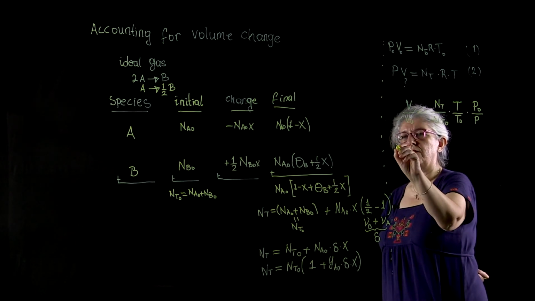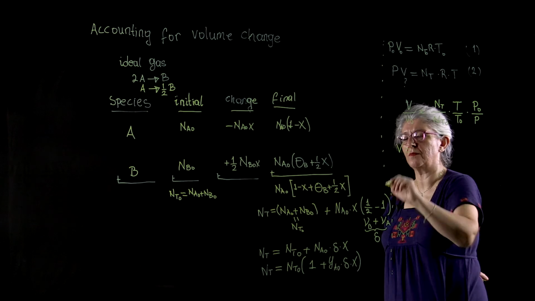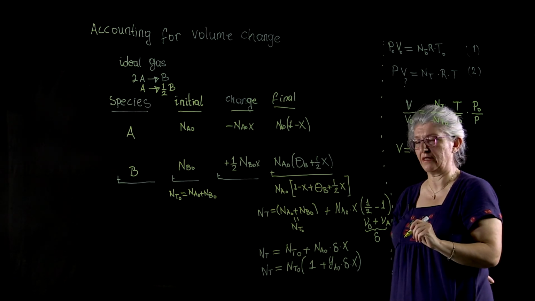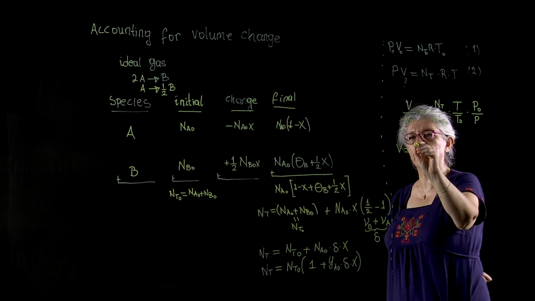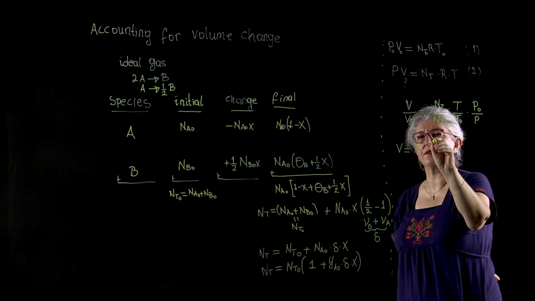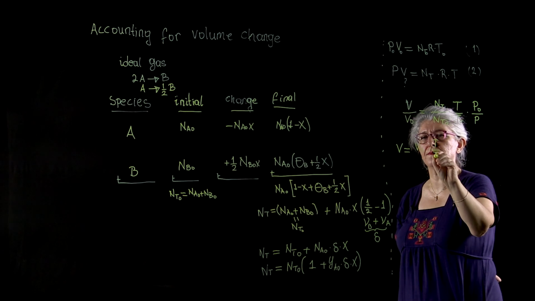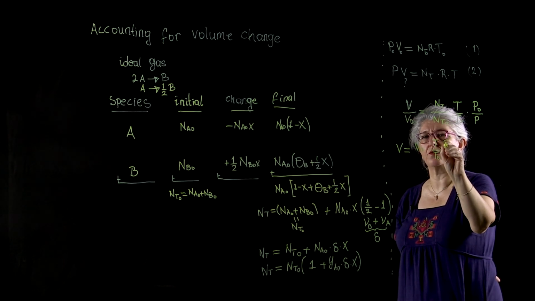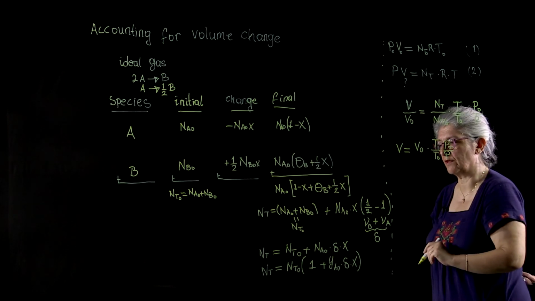Or V at any time or at any progress of reaction is equal to V0 times T over T0 times P0 over P times N total over N total 0.